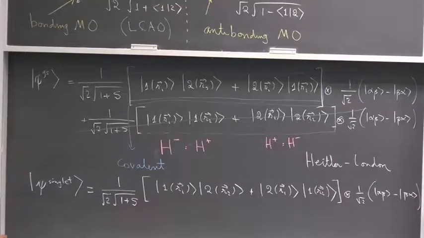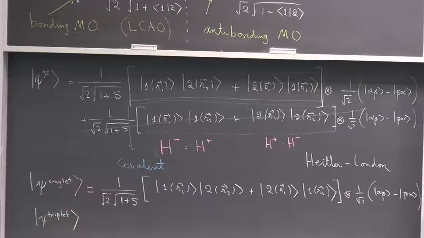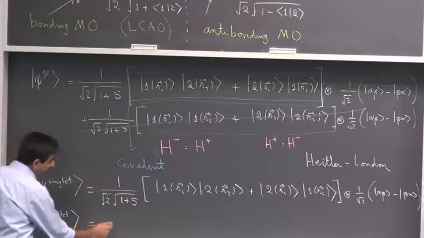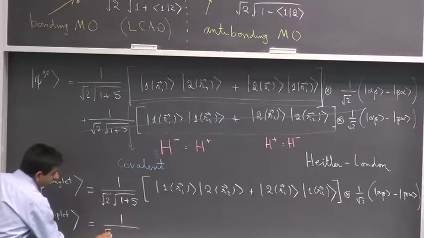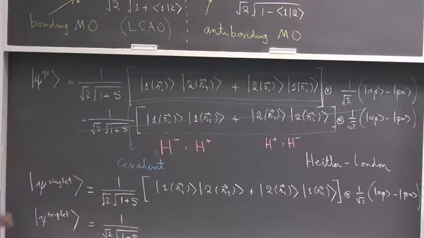And likewise, Heitler and London proposed that there could also be a triplet state. In the triplet state, you are left with 1 minus S. I'll define S in a minute. You haven't asked me what S is.